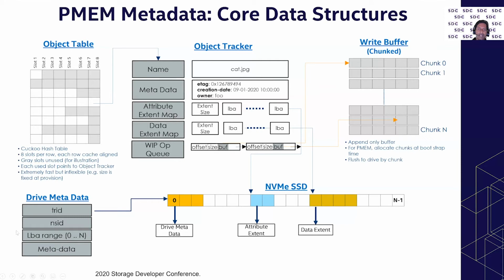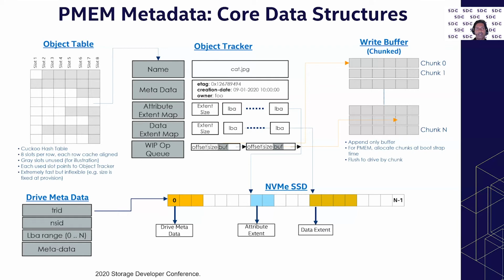Now, every drive has a certain amount of metadata that is stored in the persistent memory as well as inside the drive. So the persistent memory metadata for a given drive will point to what drive type it is, what the namespace ID is, and maybe a partition of the drive, including security credentials and everything else to unlock the drive.